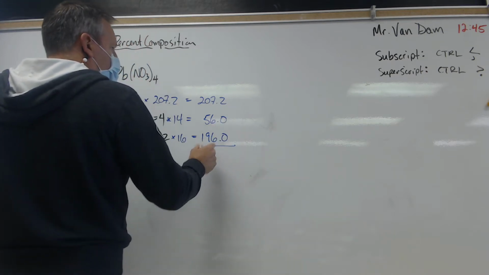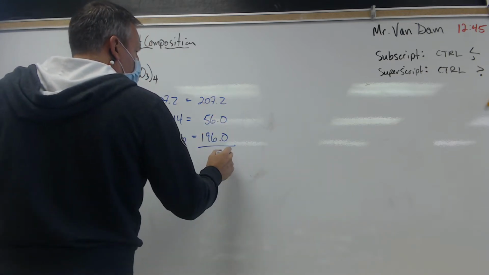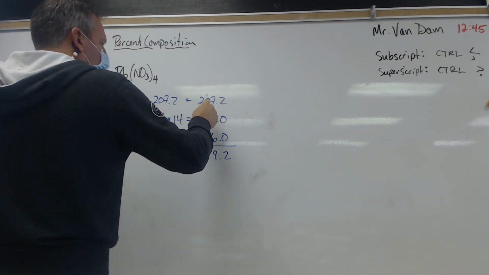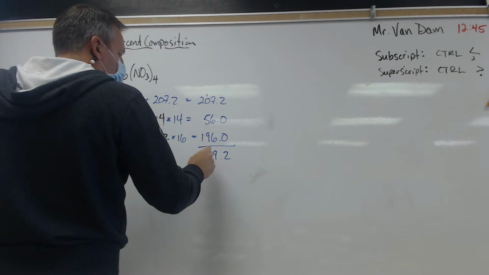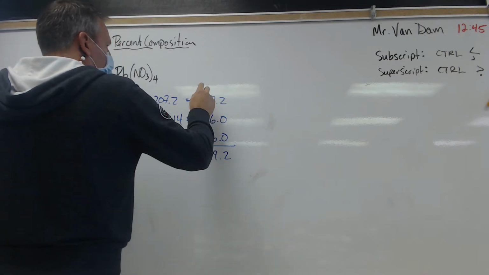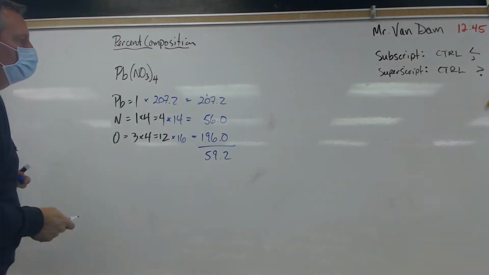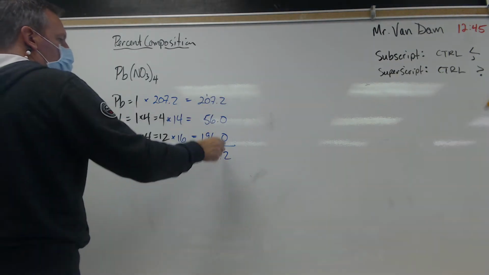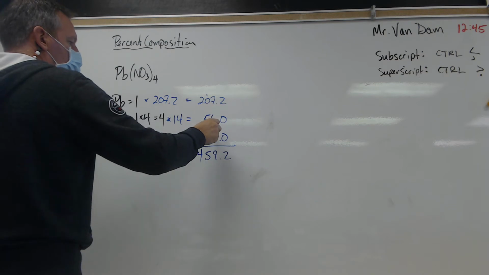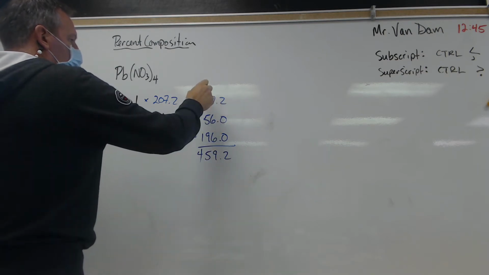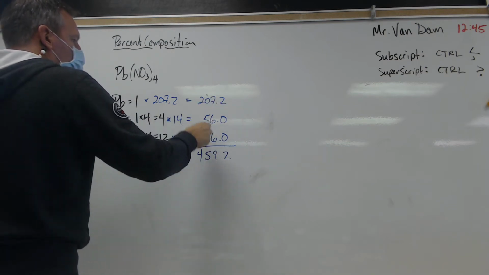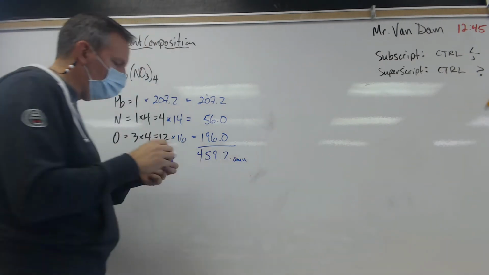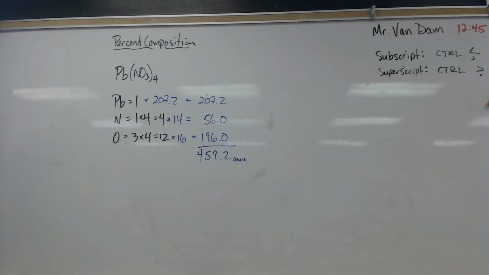And then we added that up. Did I do that right? 2, 13, and 6, 19, carry the 1. Yes, okay. And then we said that was the formula mass. So if you watched the last video, that's just a repeat of that.